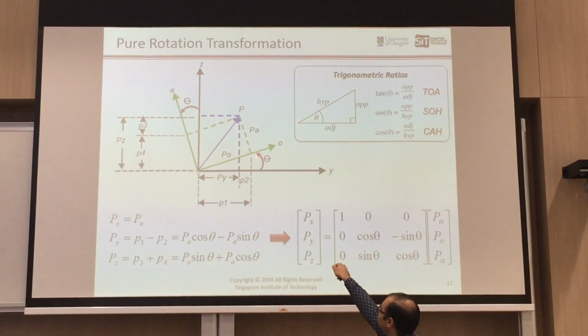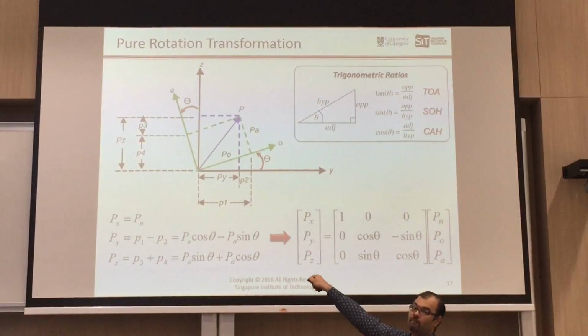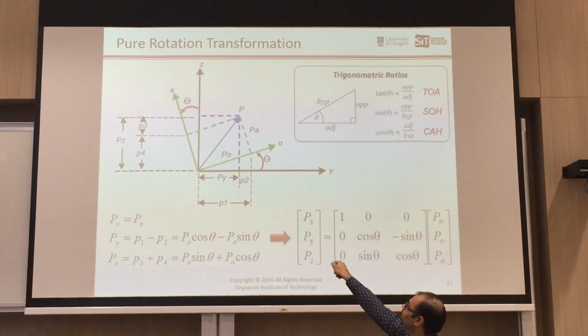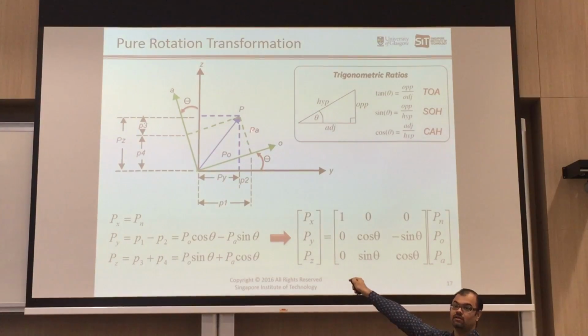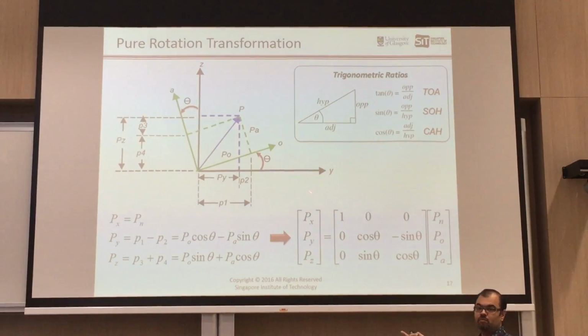These values represent your position vector of P with respect to the moving frame. Right? Also, with respect to the global frame, you have some value for this P as well, represented by Px, Py, and Pz. Now, what we are trying to do is this. We just do simple trigonometry. I've given you something to refresh your trigonometry concepts.